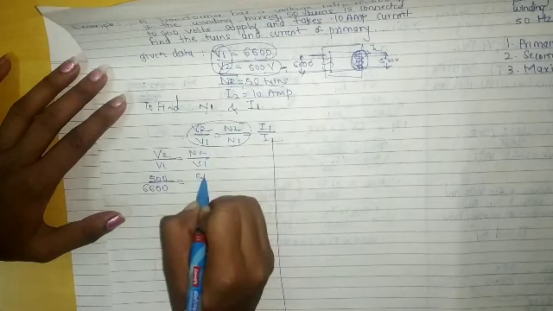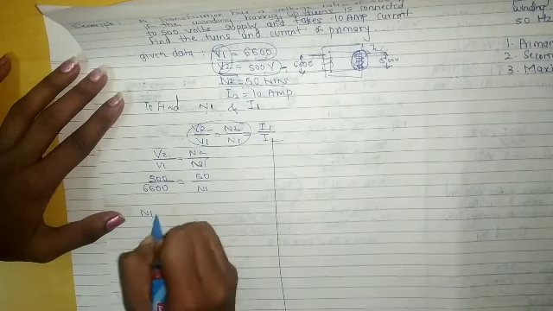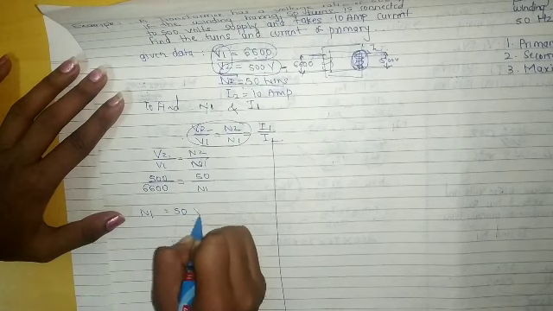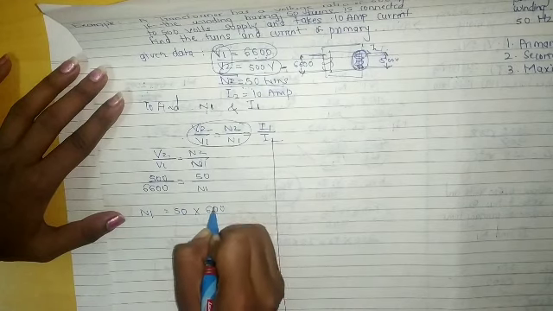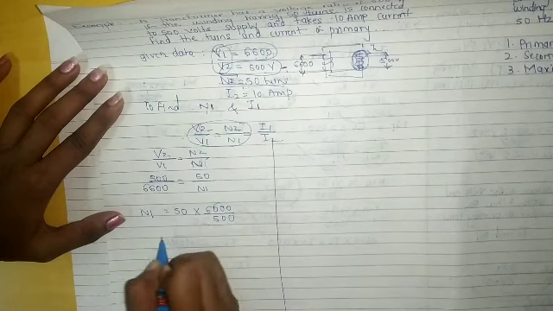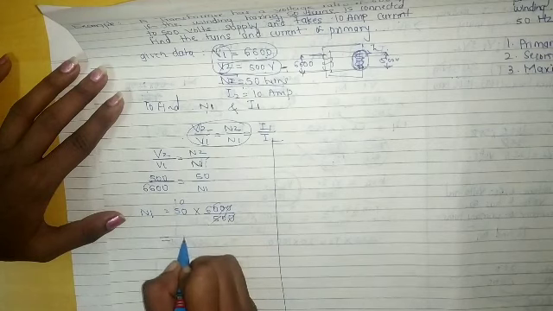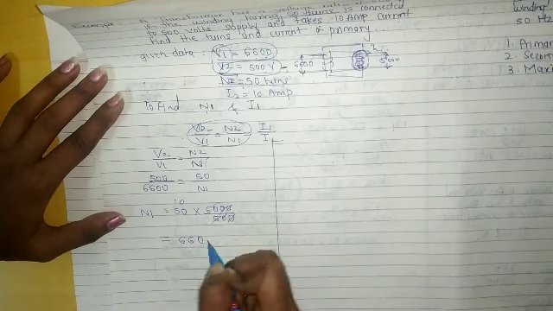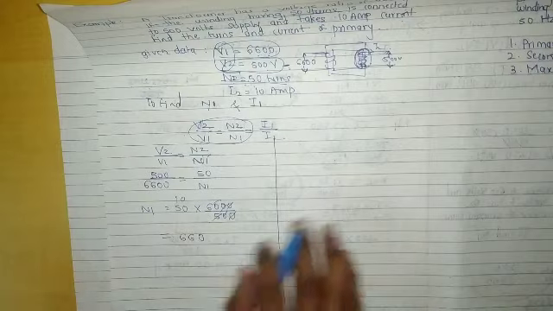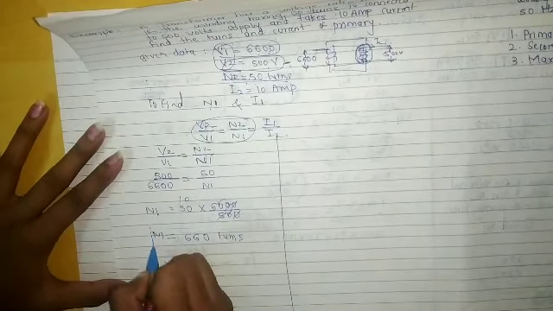N2 is 50, divided by N1. From here we can find N1 is equal to 50 into 6600 divided by 500. After solving this, our answer is 660 turns, that is N1.